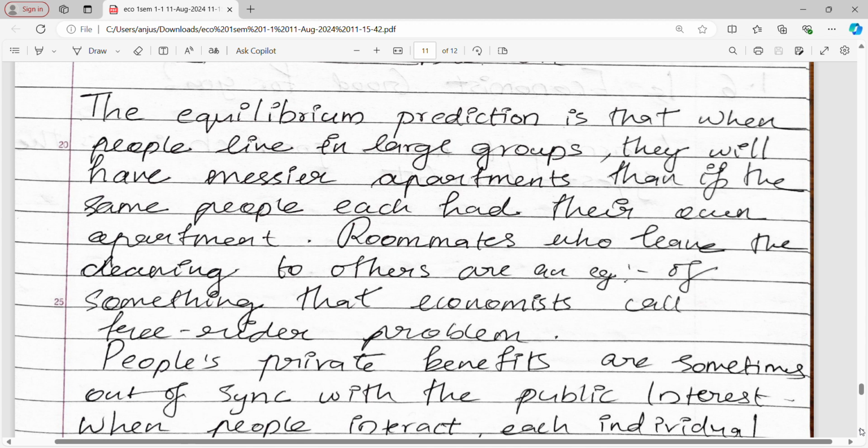Roommates who leave the cleaning to others are an example of what economists call the free rider problem. You rented a flat with 5 of your friends; 2 are not ready to clean, only 3 are cleaning. The other 2 are what we call the free rider problem. They are not ready to contribute.